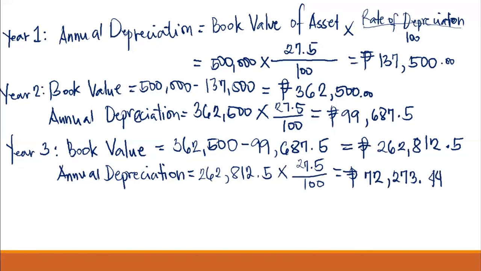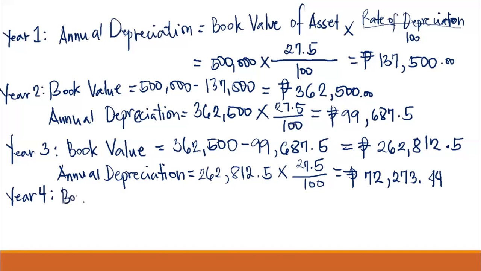How about the year 4? So, aabot muna ng 5 taon yung lifespan ng machine. So, on the year 4, yung kaapat na taon na nung machine, malapit na siya ma-expire.